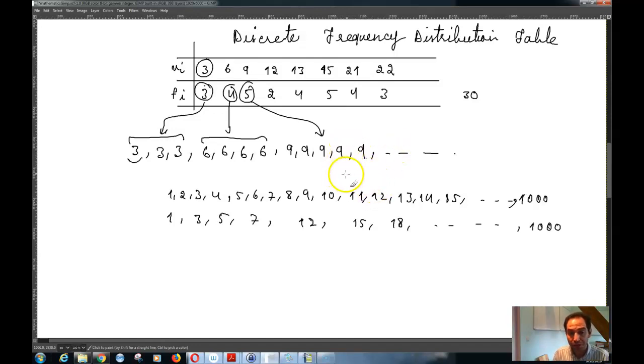So in such cases, supposing that I have all the numbers starting from 1 all the way up to 1,000, one thing I could do is put some of these numbers together and call it, for example, 1 to 10.